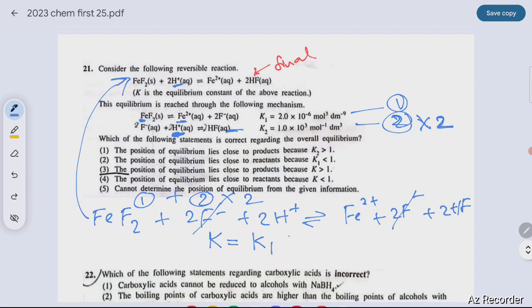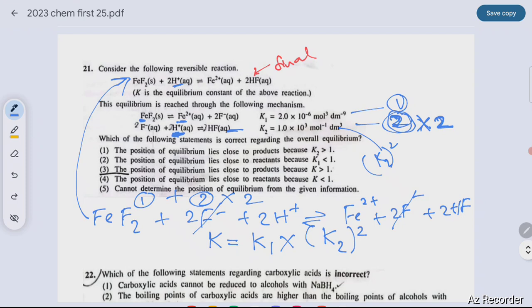K1 times K2 squared. How does K2 become squared? Because here we multiply this second reaction by 2, so this K2 value becomes squared. Why?